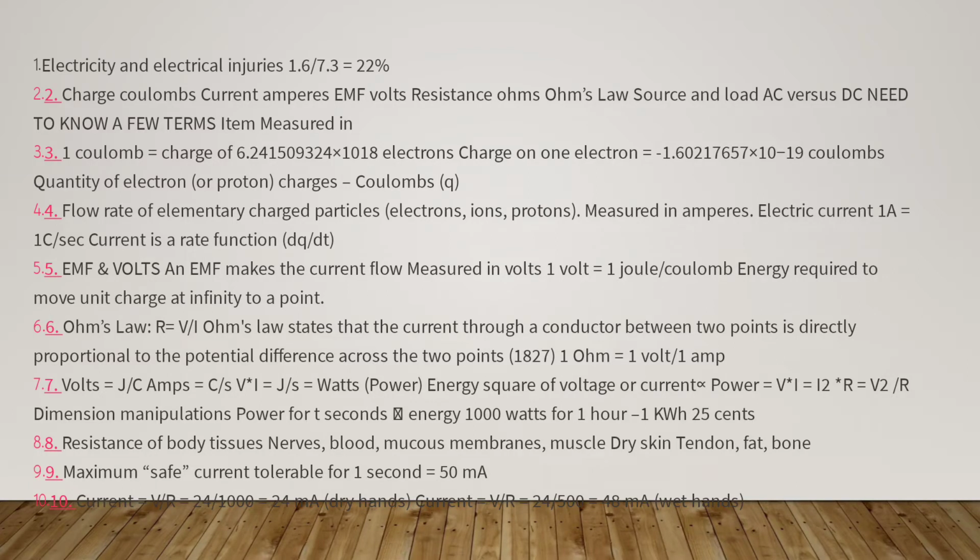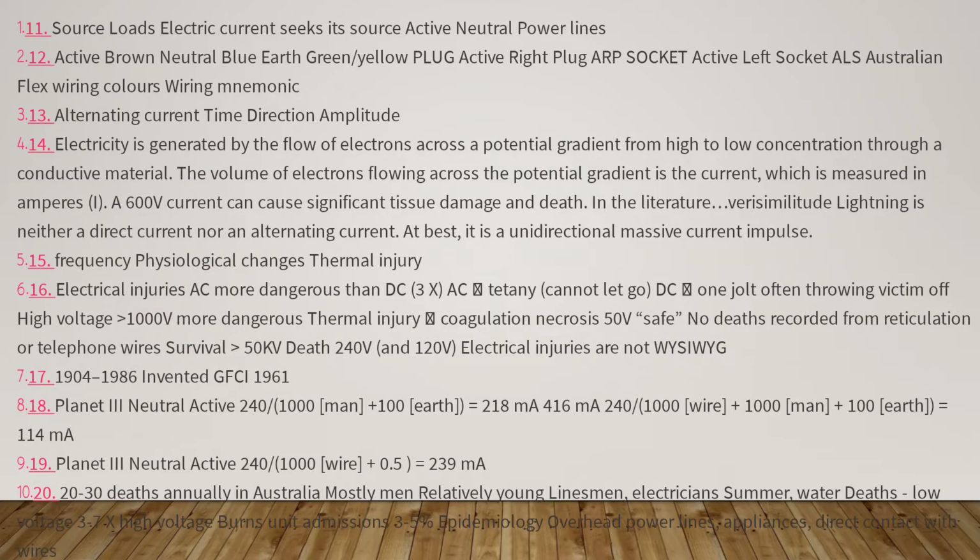Resistance of body: tissues, nerves, blood, mucous membranes, muscle, dry skin, tendon, fat, bone. Maximum safe current tolerable for 1 second equals 50 milliamperes. Source and load: electric current seeks its source through active and neutral power lines.